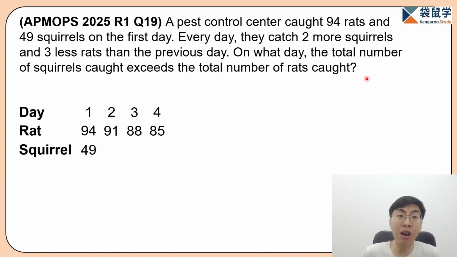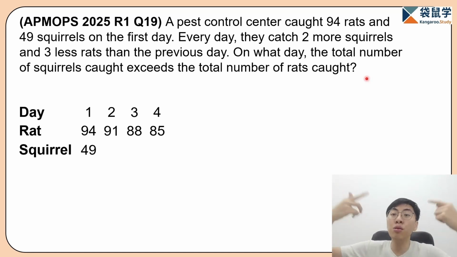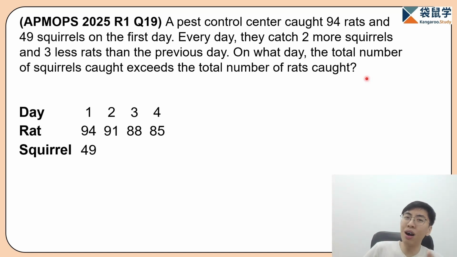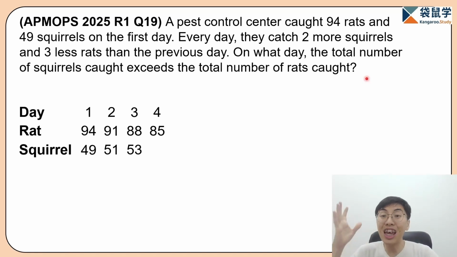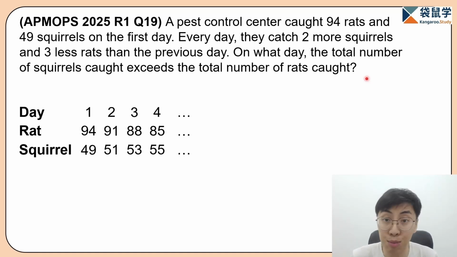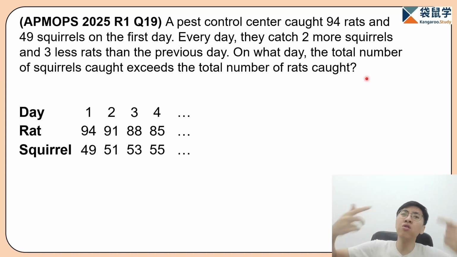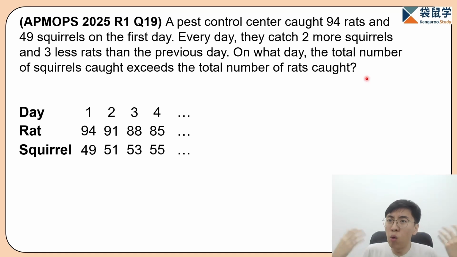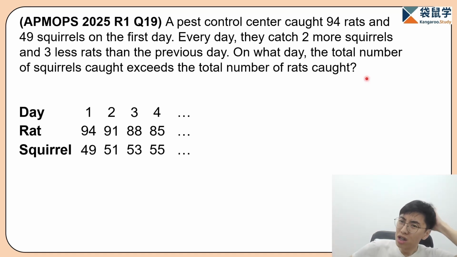What about for squirrels? It's just 2 more every day. 51, 53, and 55. And this actually goes on and on all the way for as many days as possible. And we want to find the total amount of squirrels.